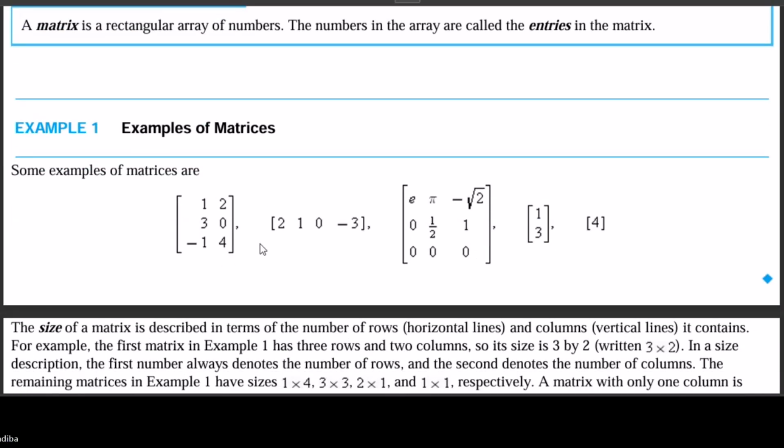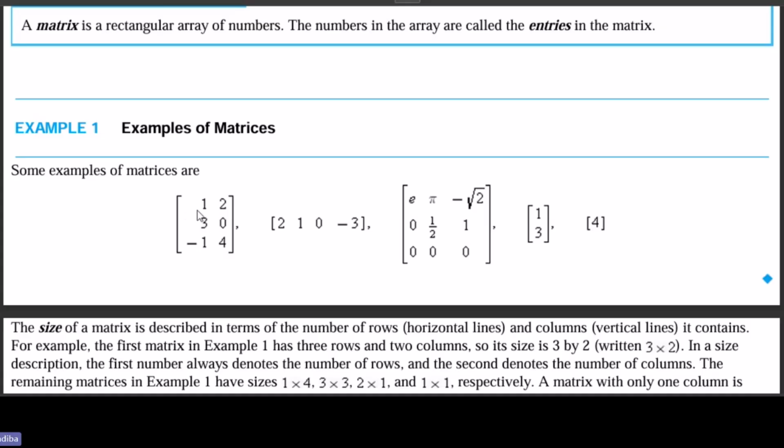Okay. Now, when we talk about the size of a matrix, we first mention the rows, then followed by columns. So, the first matrix is a 3 by 2.